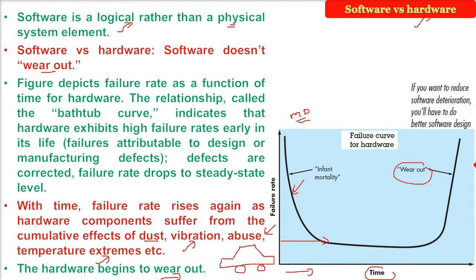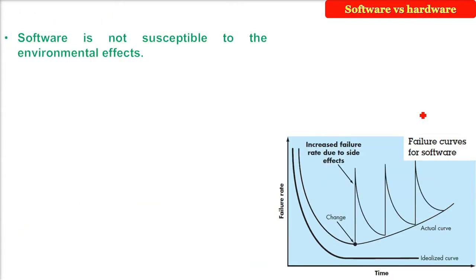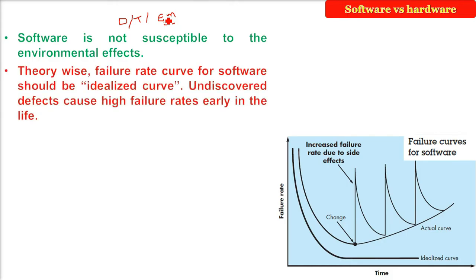If you want to reduce software deterioration, what do you have to do? You have to make a good software design. We'll talk about that design. But let us first understand the difference with what happens with software. As I said, software has no problem with dust, wear and tear, or any of the environmental maladies. It is not susceptible to them.